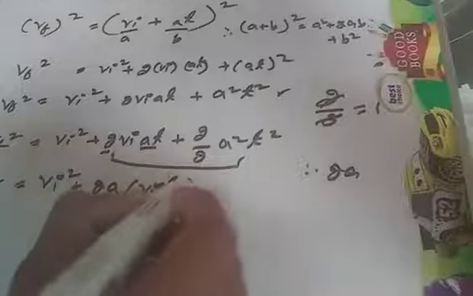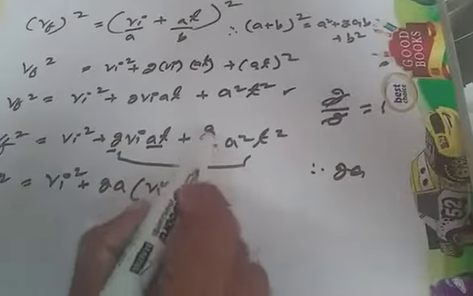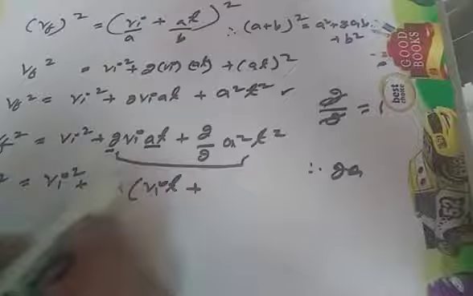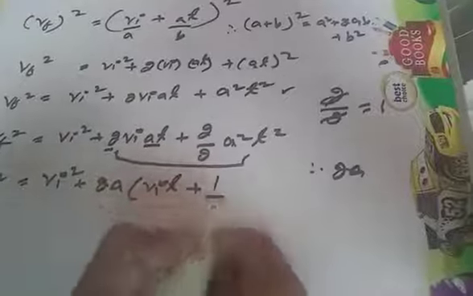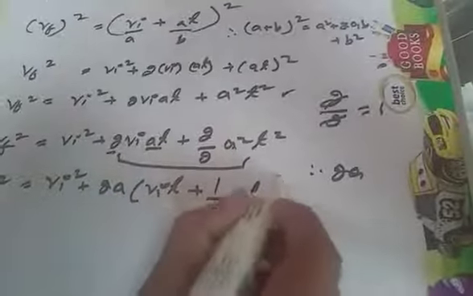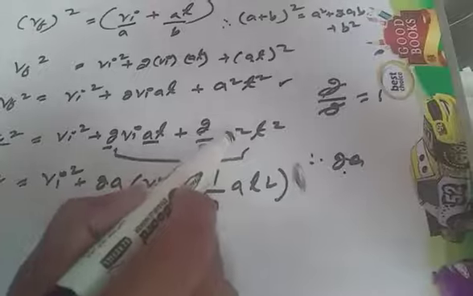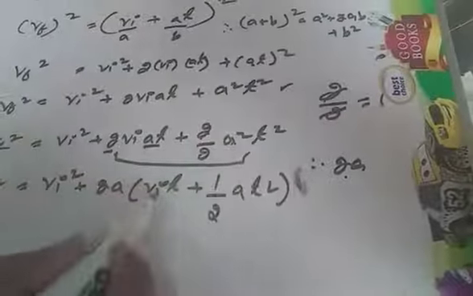Here remains vi t, since 2a is taken as the common factor. Remaining from the second term is 1 upon 2 a t².